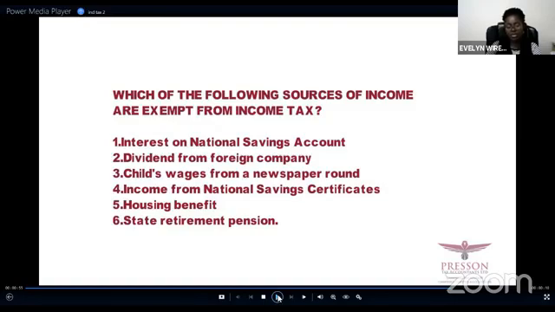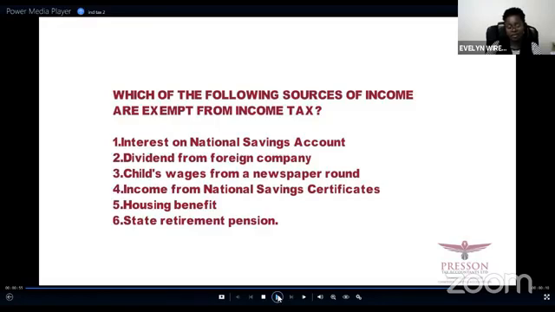The next one is a child's wages from a newspaper round. Children, sometimes they go around with their newspapers to distribute to others, and they get a bit of money. So is this income taxable or exempt from tax? The other one is income from national savings certificates. Is that taxable or exempt from income tax?